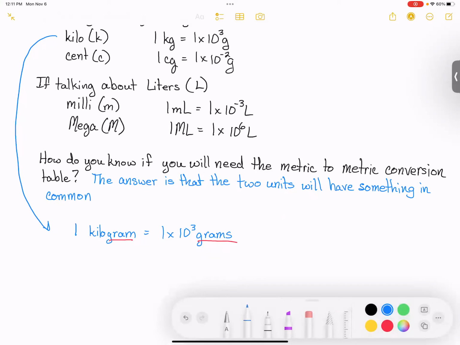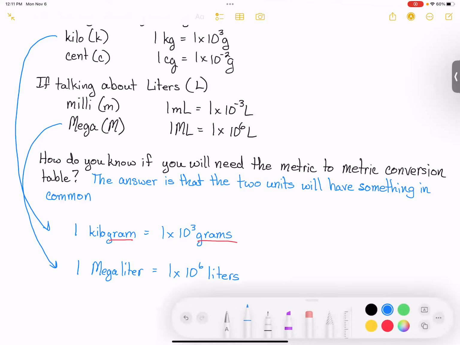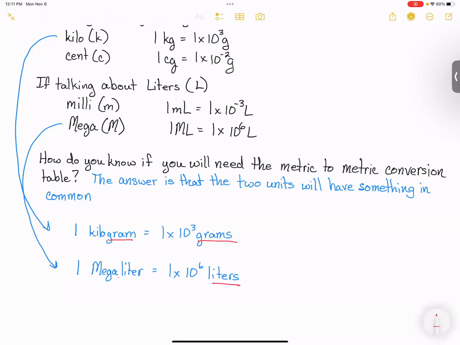When I look at mega here, 1 megaliter is equal to 1 times 10 to the 6 liters. They both have liter in common. That's how you're going to know that you need the metric prefix system, is do they have a portion in common? Questions so far?